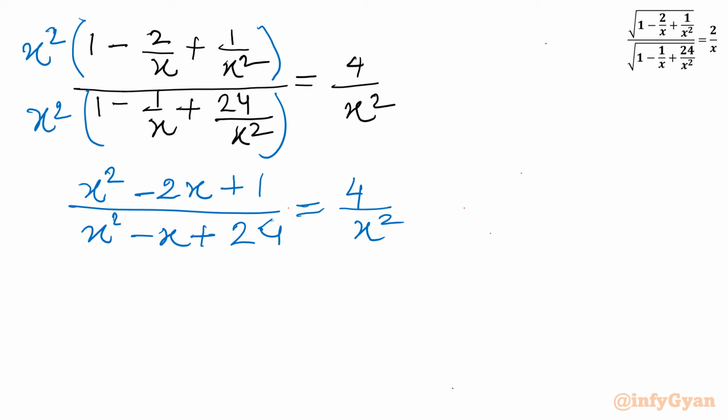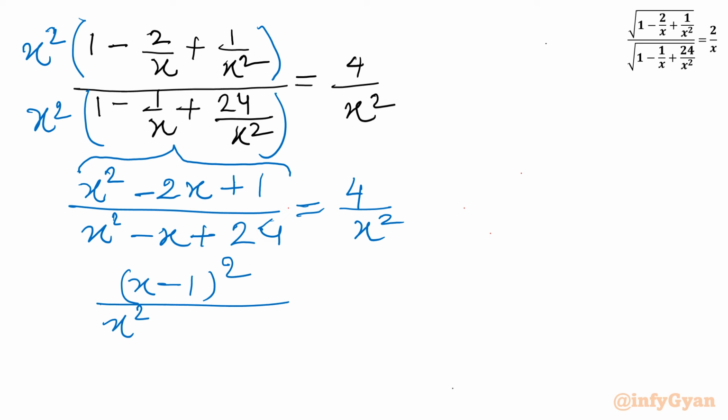The left hand side numerator is one identity, so I will write (x minus 1) whole square over x square minus x plus 24, equal to 4 over x square.